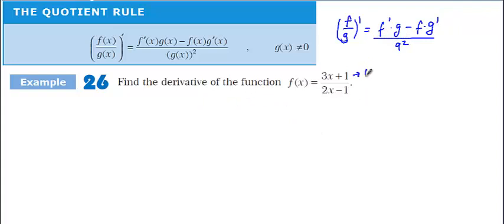Here 3x plus 1 is equal to f, and this is equal to g now. 3x plus 1 f over g derivative. I am going to rewrite this one, and actually by writing you can understand easily.